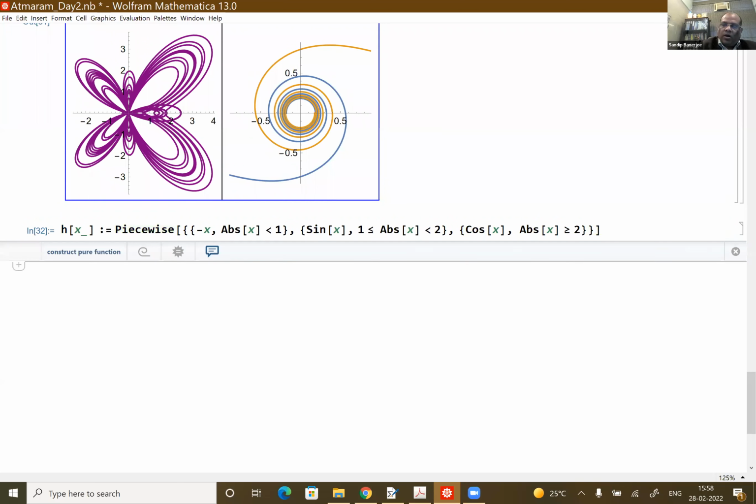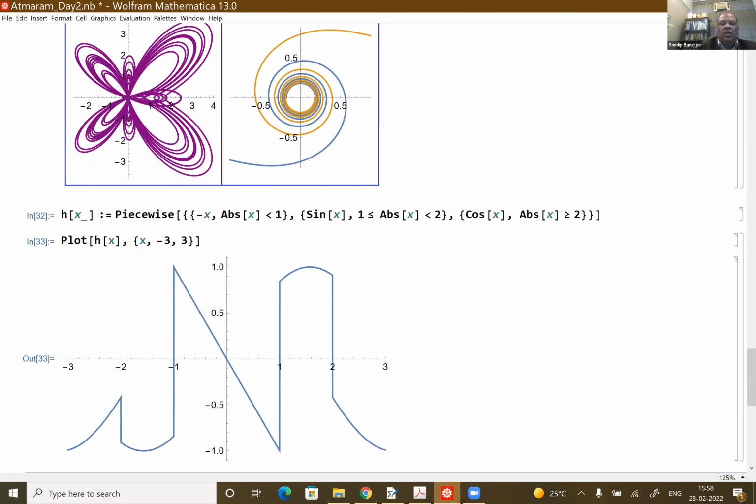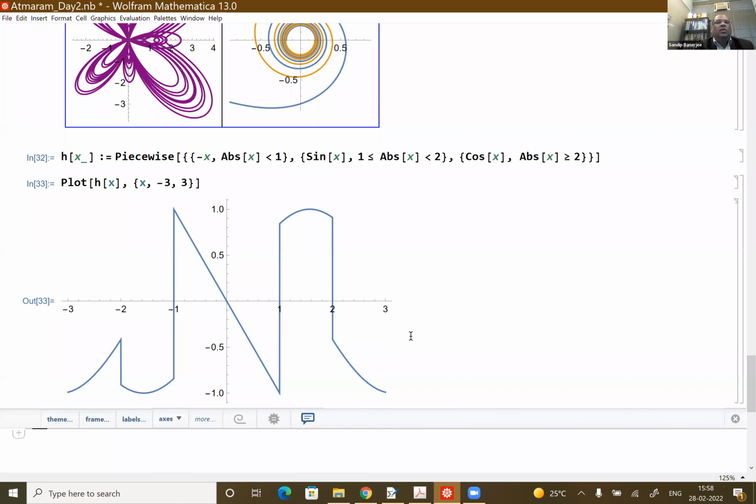And then you plot, say x from -3 to +3. Yeah, and you get something like this.